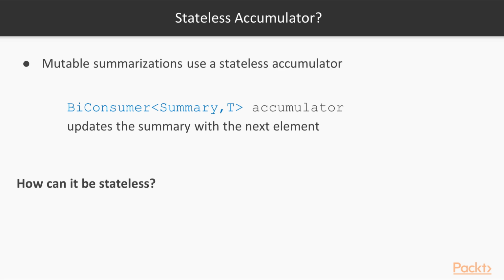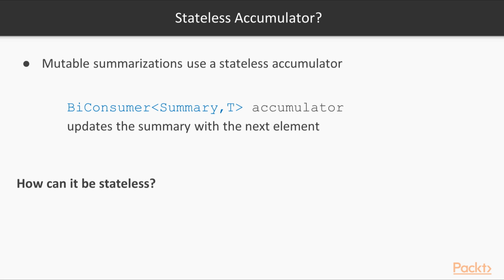Now, if you paid attention to the previous sections, you may have noticed a slight contradiction between our current new definition of stateless function and what we said earlier. In particular, recall that we talked about stateless accumulator functions, in the context of mutable summarizations, which are performed by the collect operation. Now, this collect operation takes as one of its arguments a BiConsumer called the accumulator, and the role of this object is to update a summary object based on the next element in the stream.